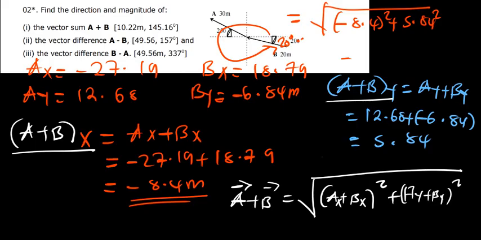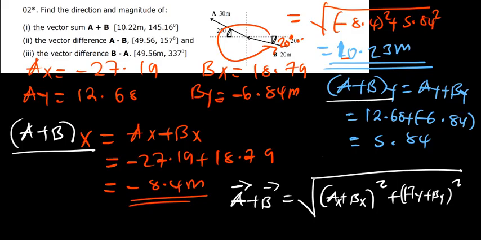You get the square root. So the answer I'm getting is 10.23 meters. Now in this case, since they were just rounding it off before they arrived at the final answer, that's why it was 10.22. So that is the magnitude of A plus B.